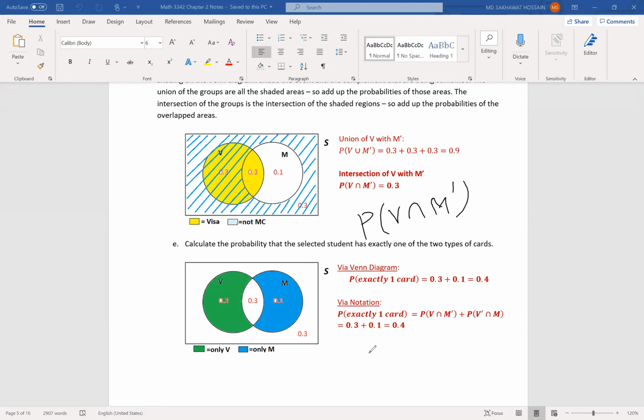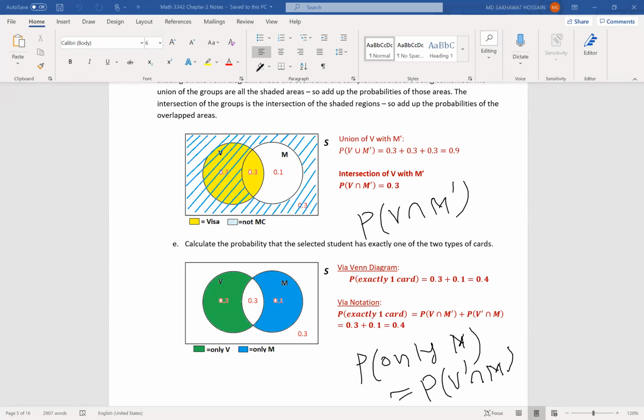Similarly, only MasterCard means the probability of only M means the student doesn't have a Visa card, but the student has MasterCard.